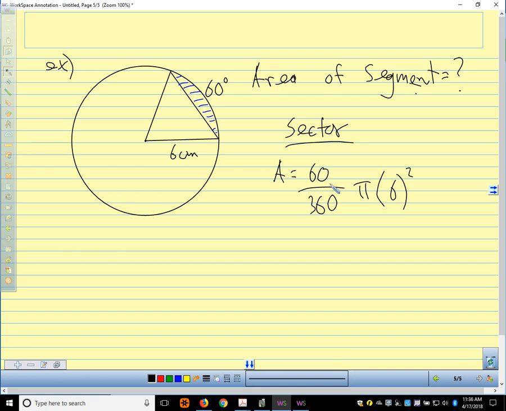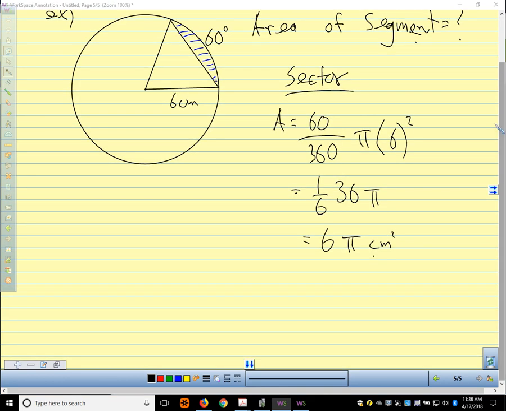I could get rid of those zeros. 6 over 36 is 1/6. So this is equal to 1/6 of 36 pi, and 1/6 of 36 is 6. So that would be 6 pi square centimeters for the area of the sector.